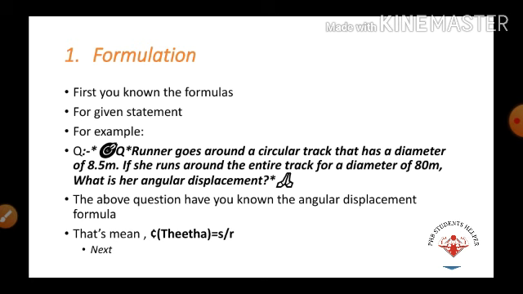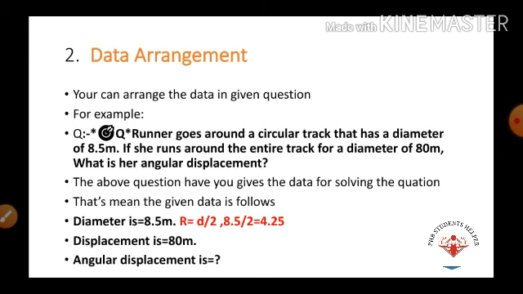The second rule is data arrangement. We arrange the data given in the question. For example, the runner goes around a circular track that has a diameter of 8.5 meter. If she runs around the entire track for 80 meter, what is her angular displacement?